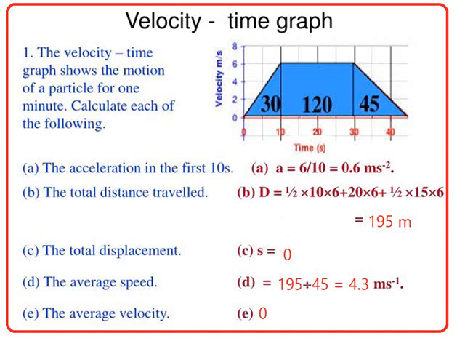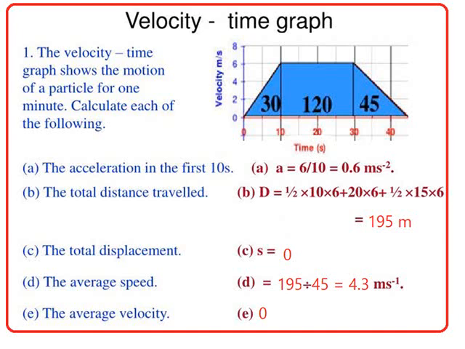Here I have represented with the blue color 30, 120, 45. These numbers represent the distance traveled by the body when you calculate using the formula for the triangle and rectangle. If you add them totally, you will get 195, or this can even be easily calculated by using the formula half h into a plus b, where h is the height.